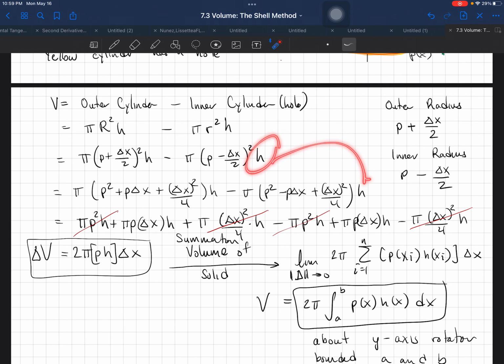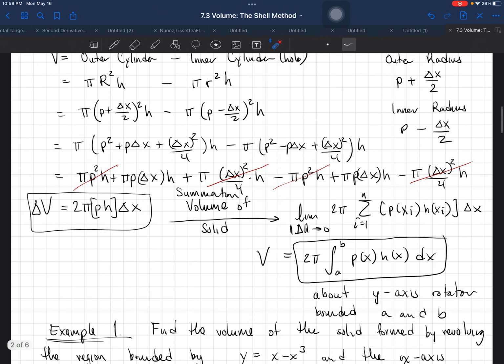Then you distribute your pi and your h and expand the whole thing. Pi times p squared times h gives you that. Pi times p times delta x times h gives you that. Pi times the quantity delta x squared over 4 times h gives you that.